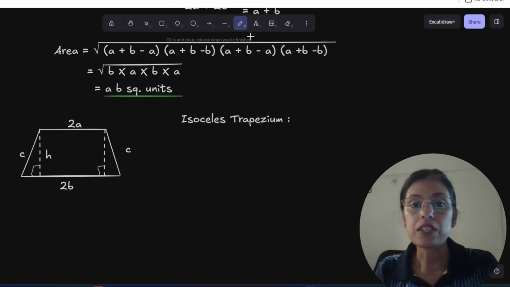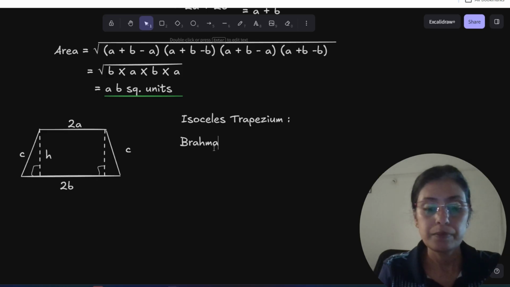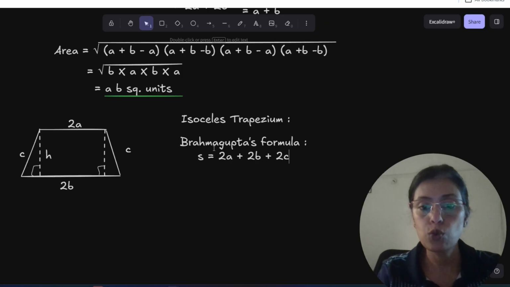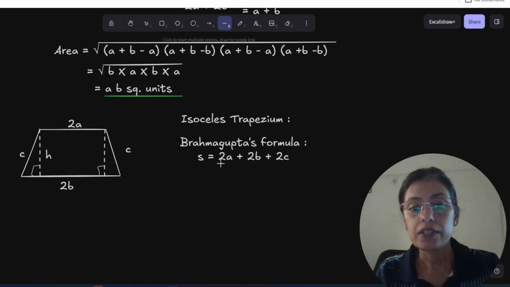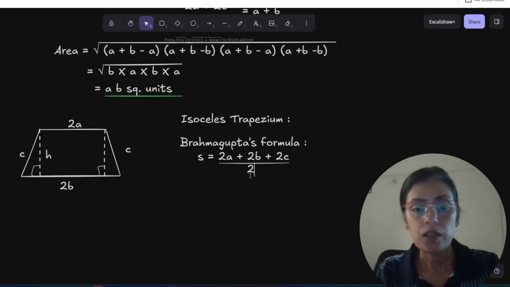So here we start with Brahmagupta's formula first. For that, what we'll do is first calculate the semi-perimeter. So the semi-perimeter will be 2A plus 2B plus C plus C, which is 2C, divided by 2, because it is a semi-perimeter, right?